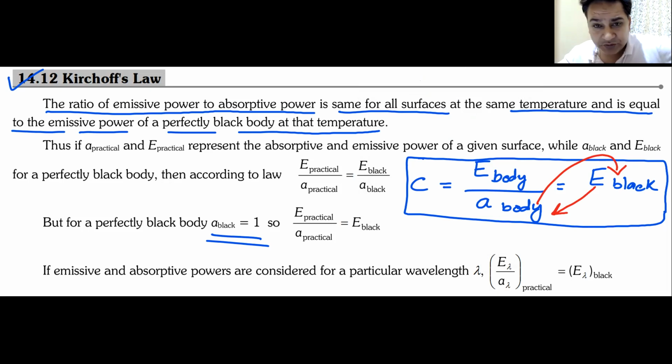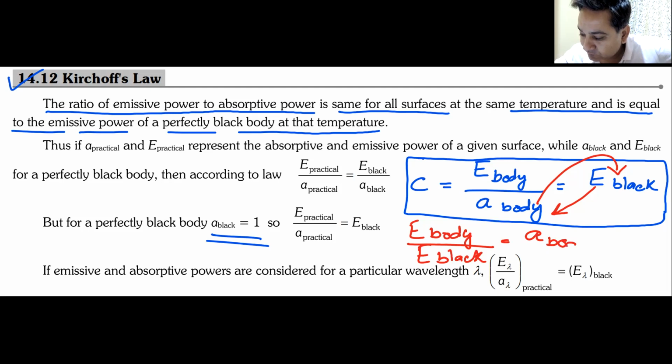I hope you understand what I'm doing here, right? So I will get emissive power of the body divided by emissive power of the black body. Yes or no? Yes, sir. That will be equal to the absorptive power of the body.